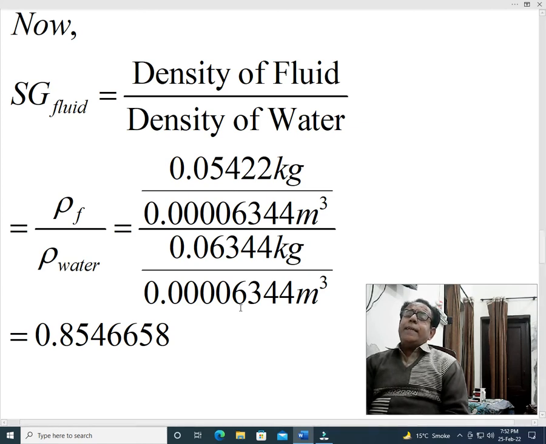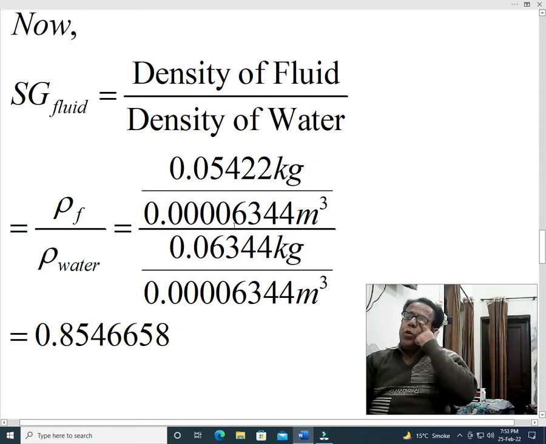Dear students, here in this way, both volumes will be cancelled out. Because in the next step, it will become 0.05422 kg over 0.00006344 meter cube, multiplied with 0.00006344 meter cube divided by 0.06344 kg.